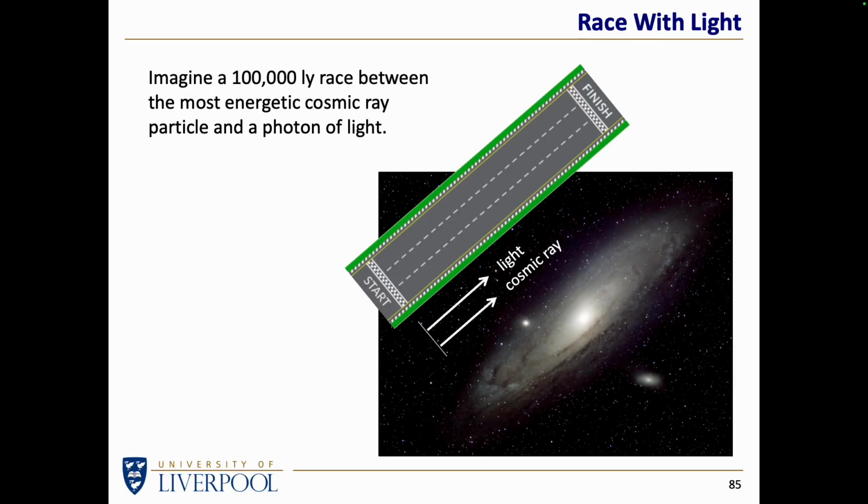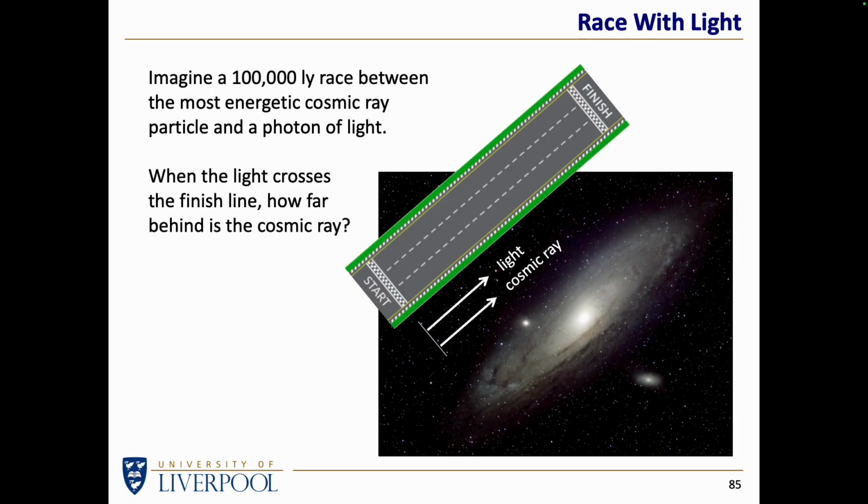Now, we know the light is going to win, because nothing can travel faster than light in a perfect vacuum. But the question is, when the light crosses the line, how far behind is the cosmic ray after 100,000 light years? The answer is 5 millimeters.